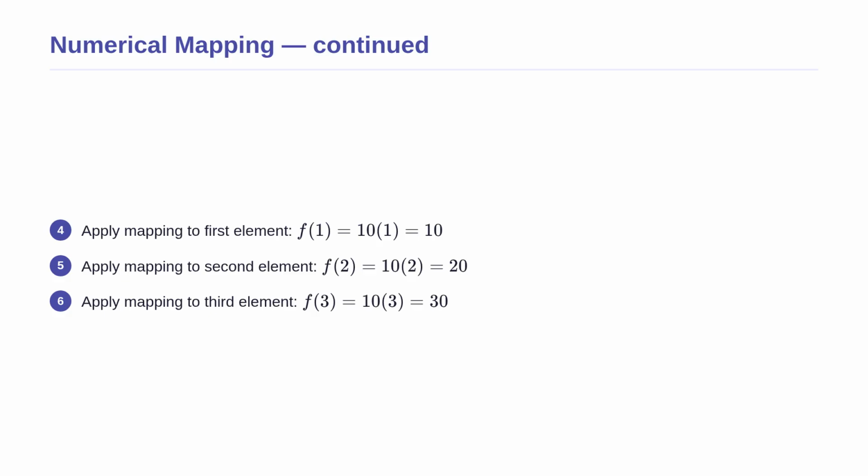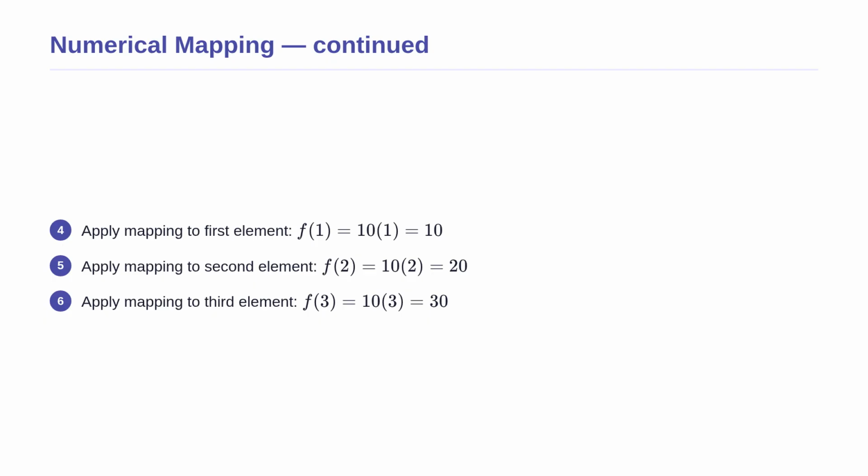We begin by substituting the number 1 into our function. Multiplying 1 by 10 gives us 10, which perfectly matches the first element in set Q. Next, we substitute the number 2 into the function, giving us 20, matching the second element. Finally, we substitute 3, which gives us 30, matching the final element.